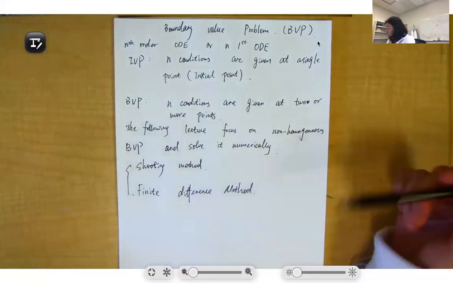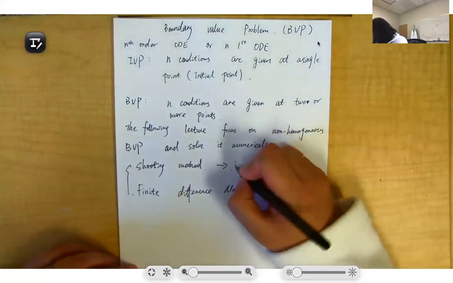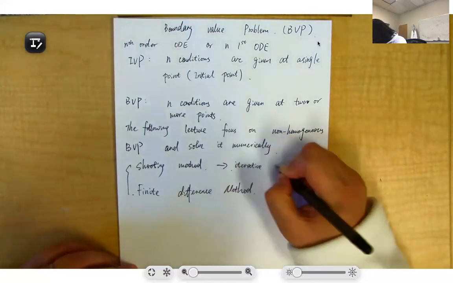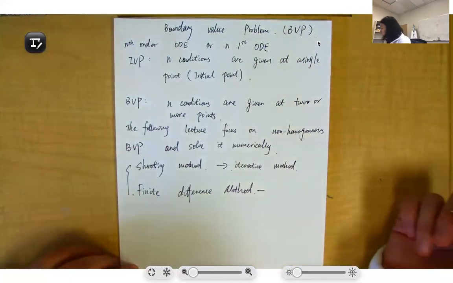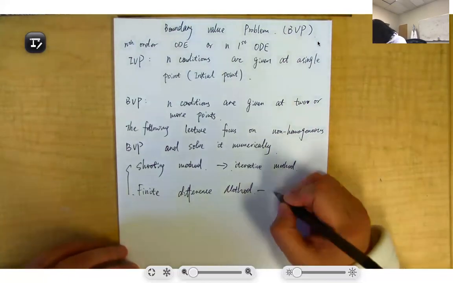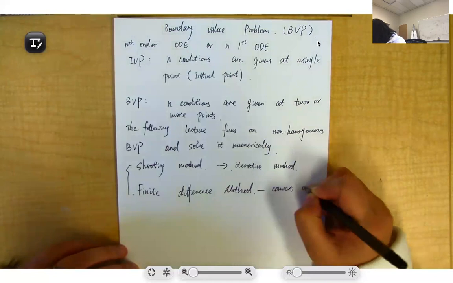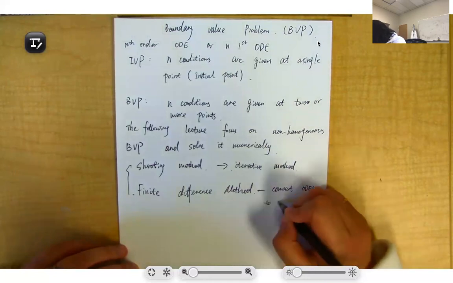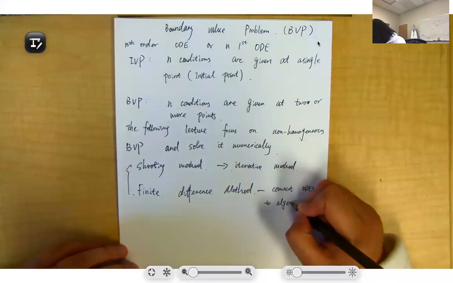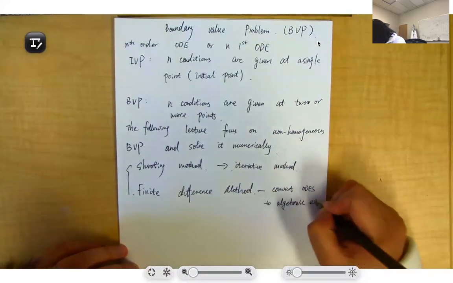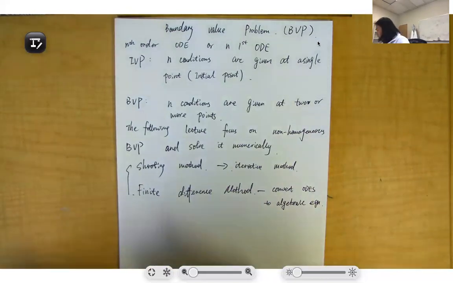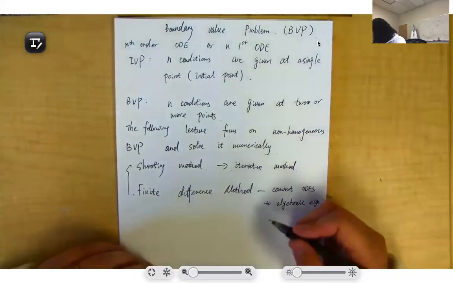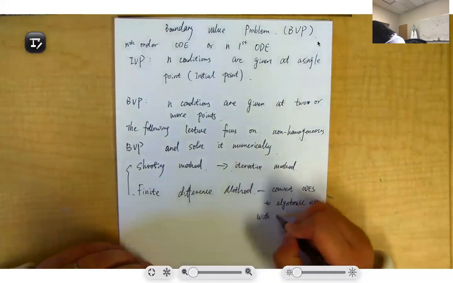For the shooting method, here we can just briefly say that it is an iterative method. And the finite difference method, FD, basically converts ODEs to algebraic equations. Then we will have one balance equation for each finite volume or finite node.